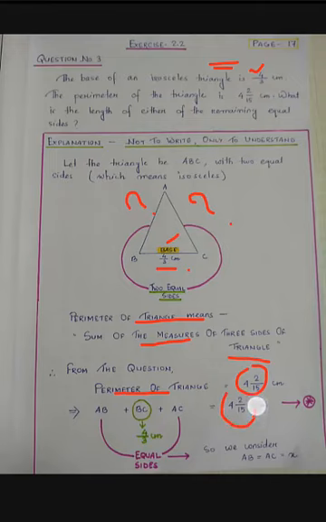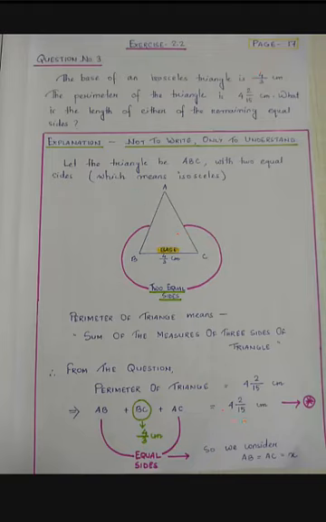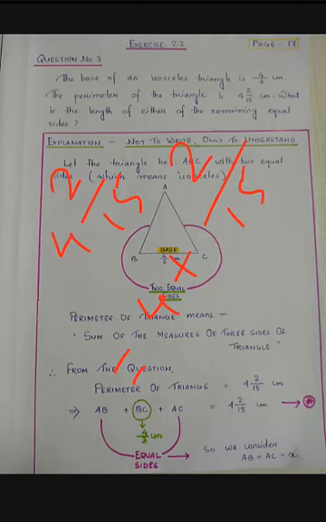Since it is given in mixed fraction form, for our convenience, we have to reduce it to an improper fraction. For that, what is to be done? 4 will be multiplied by 15, 4 times 15 is 60. Along with this, we have to add, this is actually 4 whole 2 by 15, that means 4 plus 2 by 15.